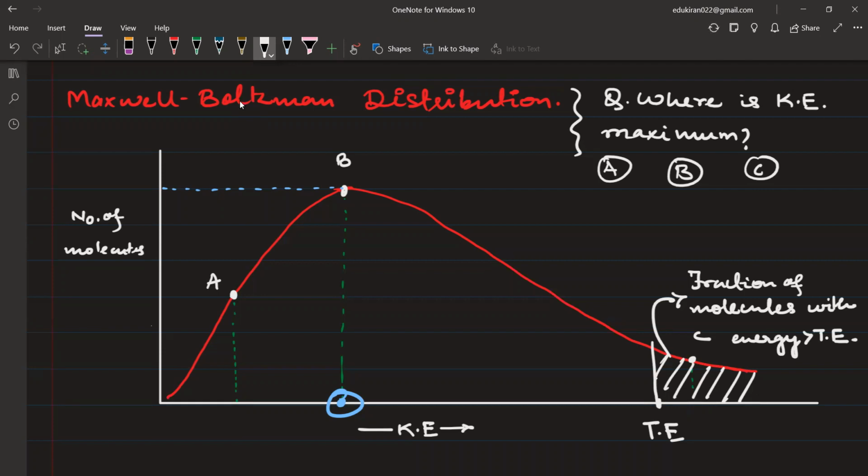Now A and C points are of no significance, but B point is of significance. But again, in this particular class it has no significance. In 11th standard B had significance. So B is what? It is the most common kinetic energy. If you remember a little, there are different speeds: average, root mean square, most probable speed, right? So whichever speed this kinetic energy corresponds to, that will be your most probable speed.